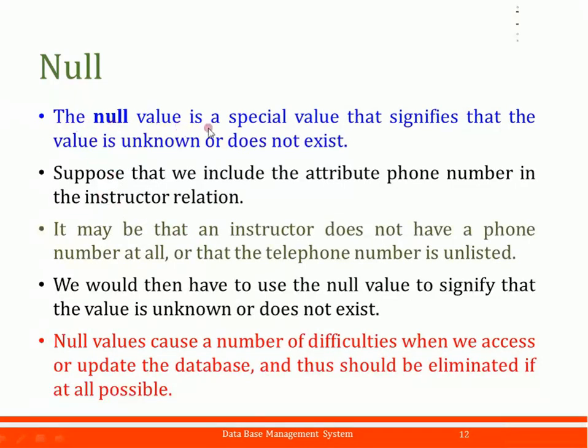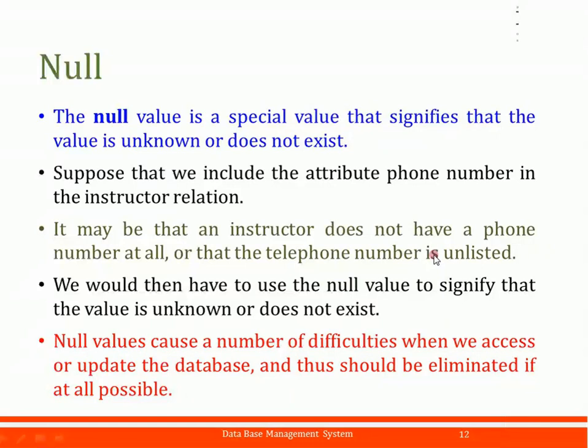Null. The null value is a special value that signifies that the value is unknown or does not exist. So null plays a major role in most database activities. Suppose that we include the attribute phone number in the instructor relation. We have the relation before which we have not introduced the phone number attribute. Suppose that we are going to include this attribute. It may be the case that an instructor does not have a phone number at all, or that the telephone number is unlisted.